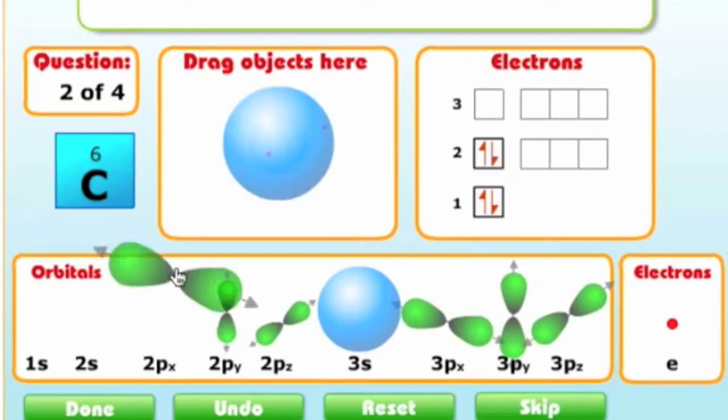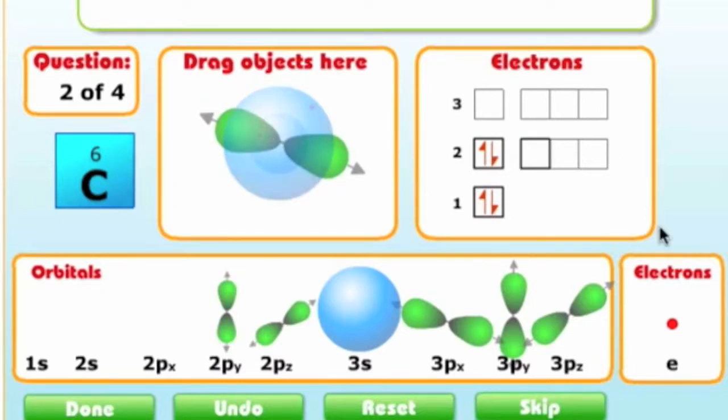Next we have to add 2 more electrons, because remember there's a total of 6. So we're going to add 1 electron to our 2px sublevel, and we can't add another one here because, according to Hund's rule, we have to put 1 electron in each orbital of that sublevel.